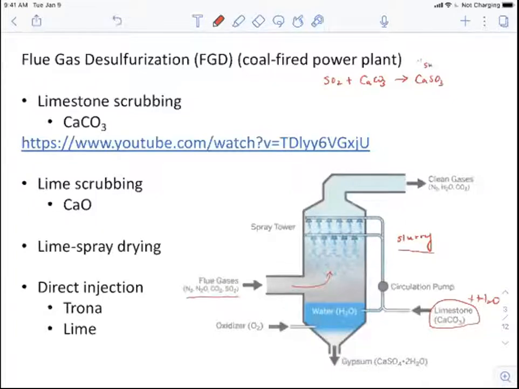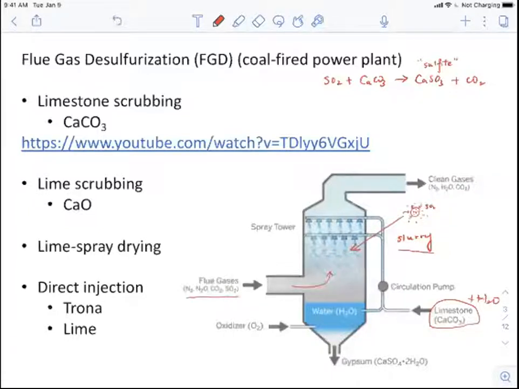This is the chemical reaction going on in this process. If we zoom in, you have a droplet that contains some solid inside, and the sulfur dioxide gas molecules get absorbed into the droplet and further react with the calcium carbonate inside.